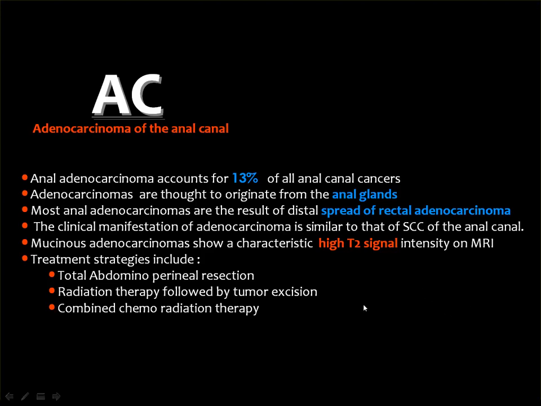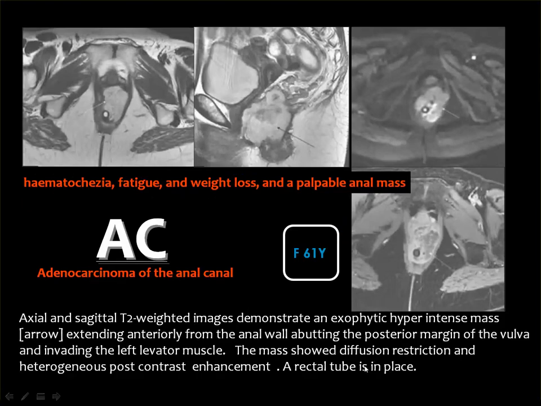And because of the presence of mucin in the tumor, it will show significant high signal intensity on T2 weighted images. Actually, most of the anal tumors or malignant lesions are treated by total abdominoperineal resection with permanent colostomy. Then radiotherapy or combined radio and chemotherapy may be used preoperatively to downstage the tumor.